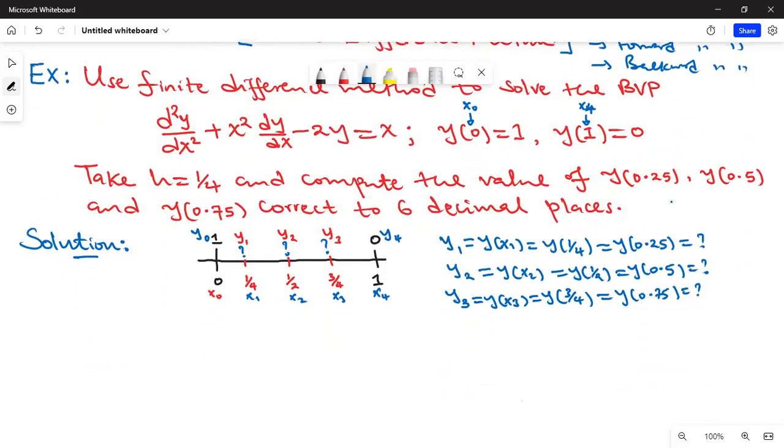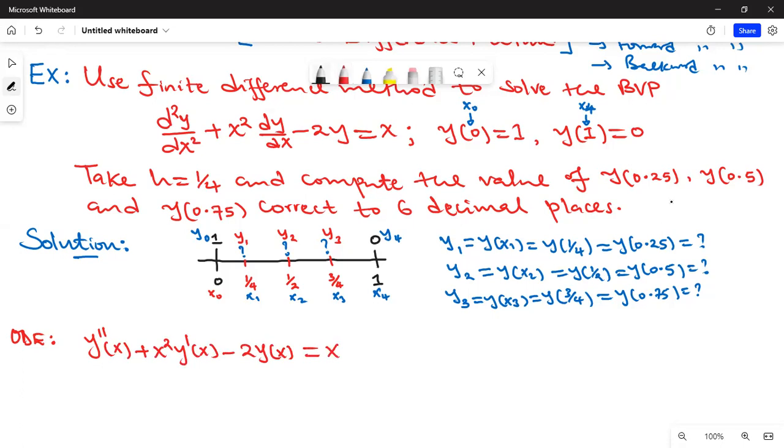Our ODE can be rewritten in terms of prime notation as y double prime, remember they are functions of x, y double prime of x plus x squared y prime of x minus 2y of x is equals to x. I am writing the same ODE in terms of the prime notation.